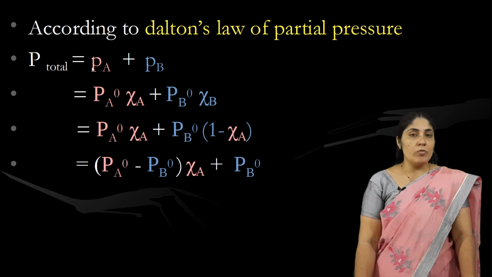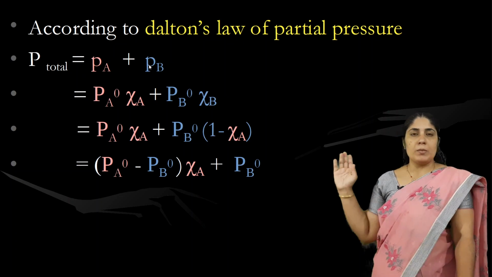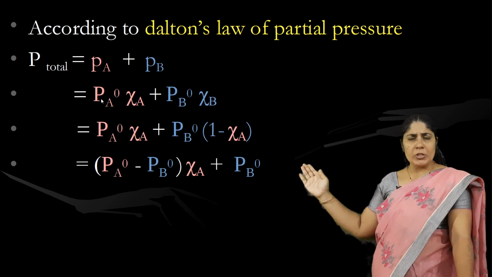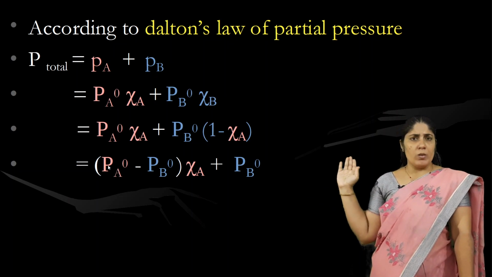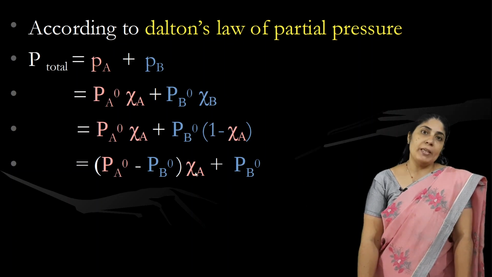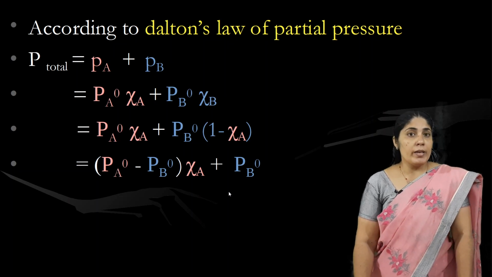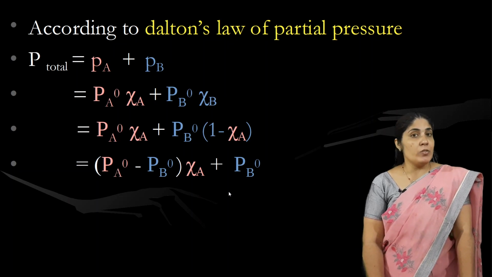According to this law, we can have P total is equal to PA plus PB. Substituting and applying Raoult's law into it, finally we will be getting the following equation as (PA0 minus PB0) into chi A plus PB0.